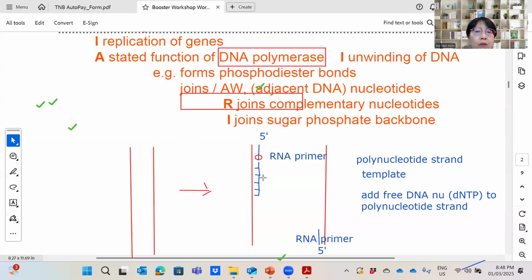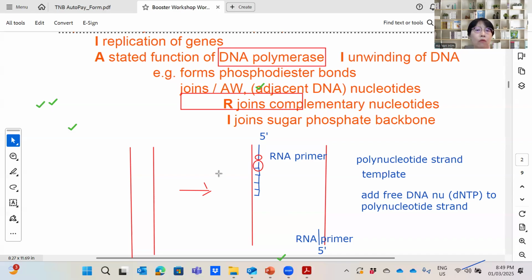It will form a phosphodiester bond with this free DNA nucleotide. So the DNA polymerase is to add and to cause a phosphodiester bond to be formed between the free DNA nucleotide and the terminal DNA nucleotide of this RNA primer. And continue to add and continue to form the bond. So forming phosphodiester bond. Okay, so that is DNA polymerase.